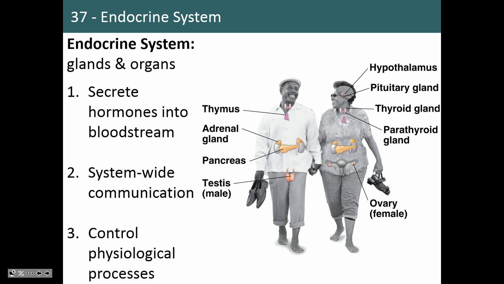The endocrine system is a series of glands and organs that are going to secrete hormones into the bloodstream for system-wide communication. So this is a way to send a signal to the whole body to do something in response to external stimulus or a concentration gradient change, right? The endocrine system controls physiological processes. So it tells other glands and organs when and how to act.